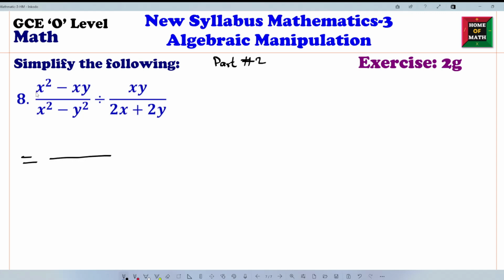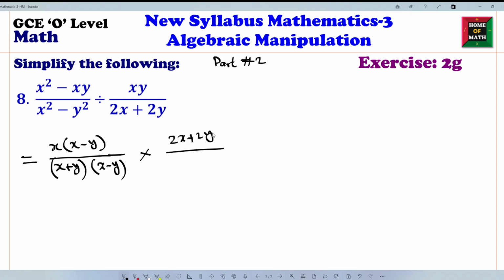So here we can take common x, so here is x minus y, and here is x square minus y square. We can write x plus y times x minus y. Okay, this divide we can exchange denominator and numerator. So here is 2x plus 2y, and here is xy.